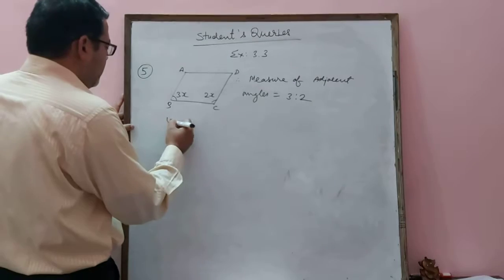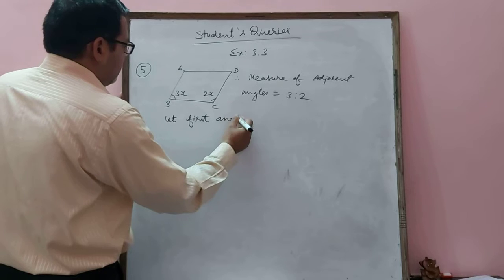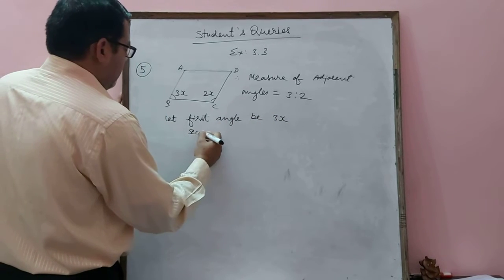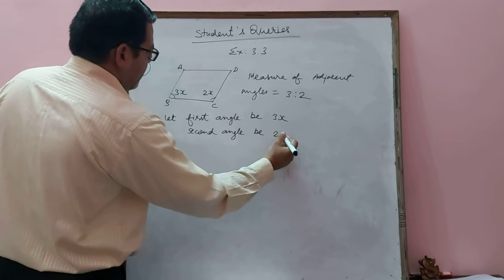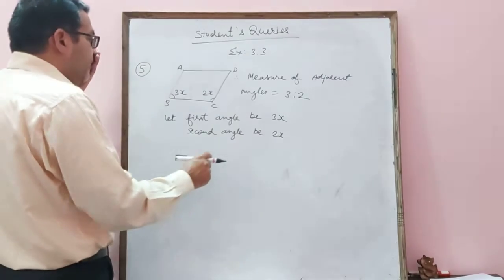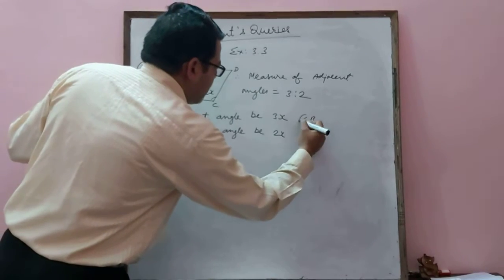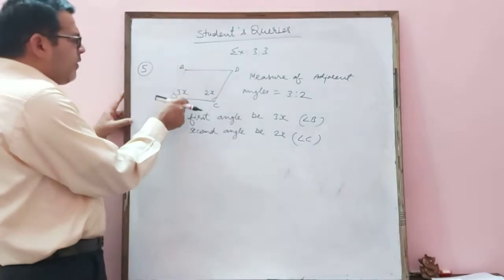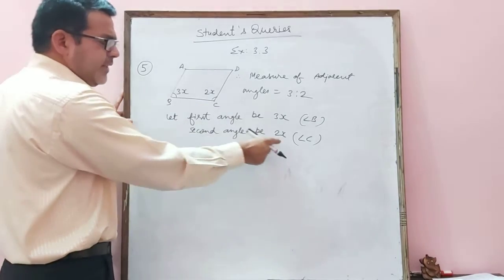So let the first angle be 3x and the second angle be 2x. Since the ratio is given 3:2, we can take angle B as the first angle and angle C as the second angle. So the first angle B is 3x and the second angle C is 2x.